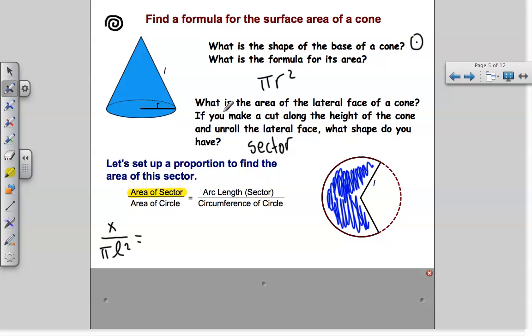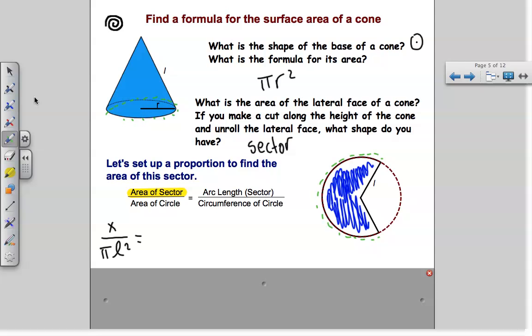Okay, actually go back to here. The arc length of the sector, this distance from here to here, came from the fact that it was originally around the bottom of the circle.